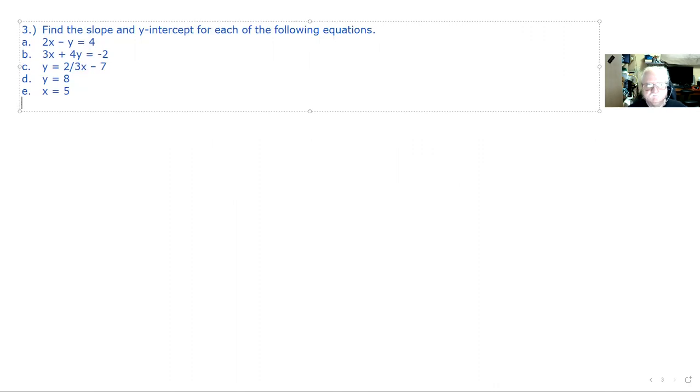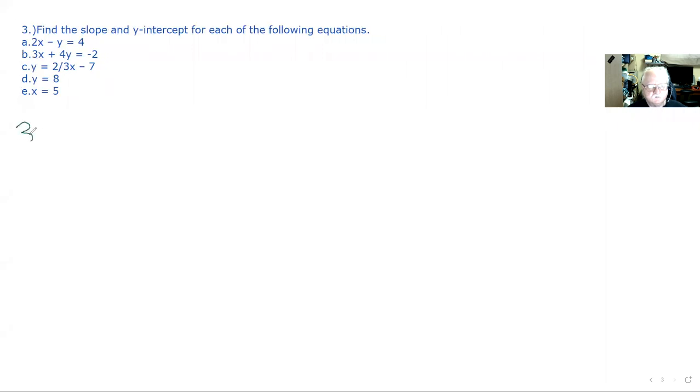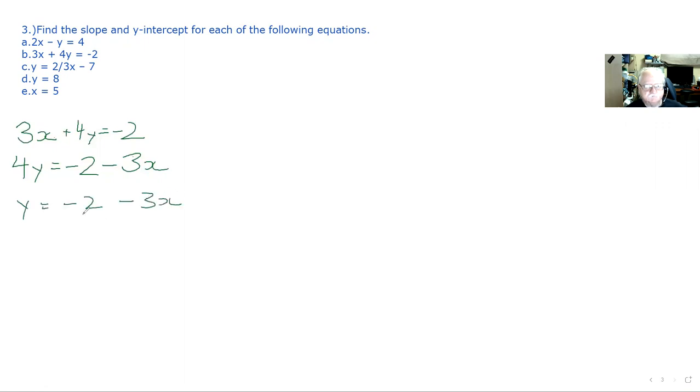So we're given an equation of 3x plus 4y equals negative 2. We can see this is still in the standard form, so we're going to manipulate it into the slope-intercept form. 4y equals negative 2 minus 3x, and y equals negative 2 minus 3x, all divided by 4.